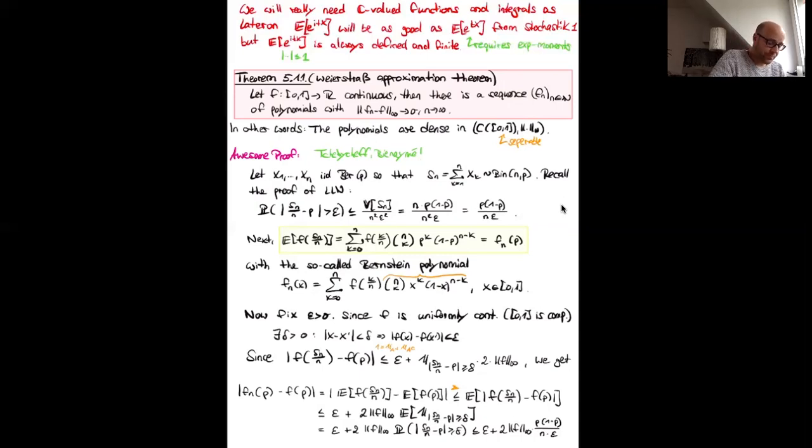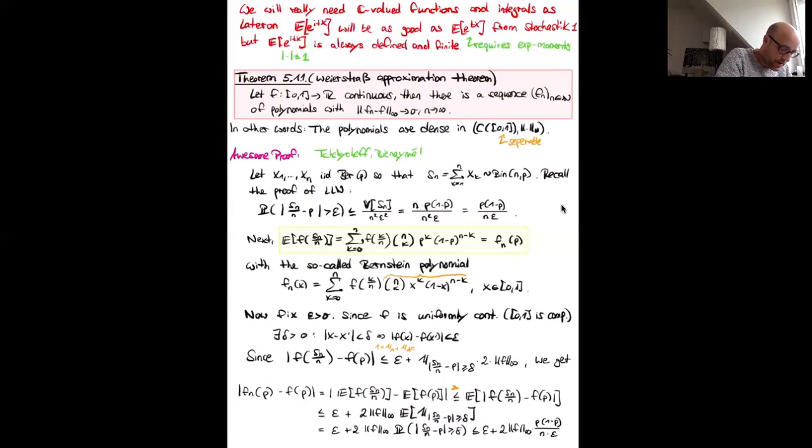So let's do the following. Let's compute, for our given function f, the expectation of f of Sn divided by n. So this is actually just a random variable X, which is binomially distributed. Sorry, X divided by n. So this is just the expectation of a function of a binomial random variable. So what do we need to do? We need to take the sum over k, take the function, plug in the value k.